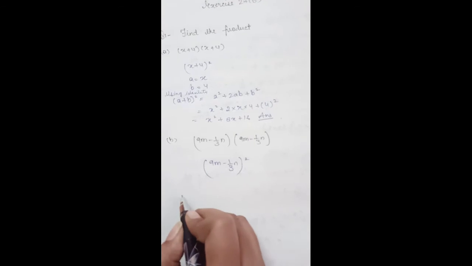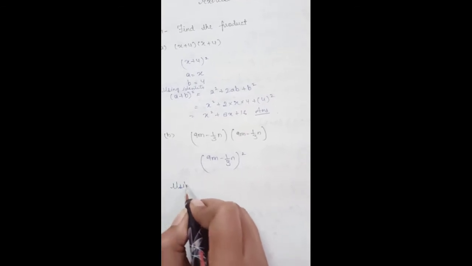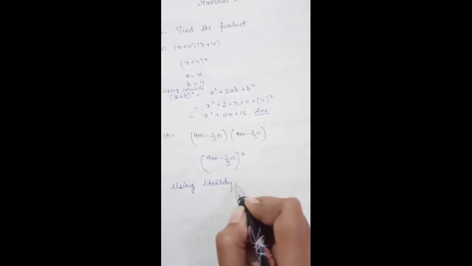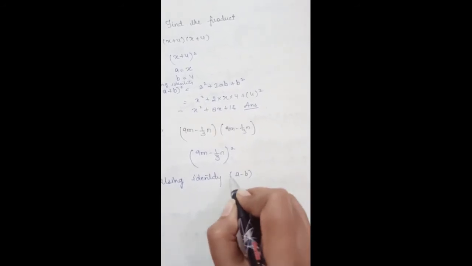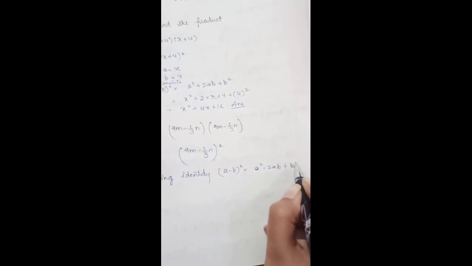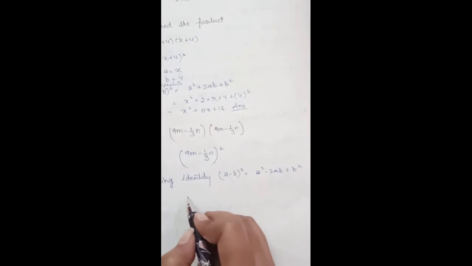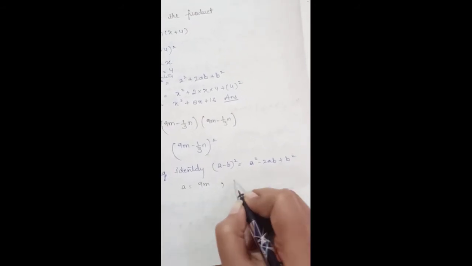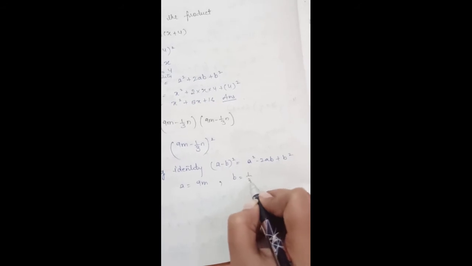So here using identity (a minus b) whole square, that is a square minus 2ab plus b square. And what are the values of a here? The value of a is, yes, 9m, and the value of b is 1 upon 3n. Right?